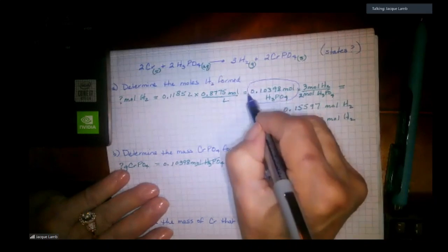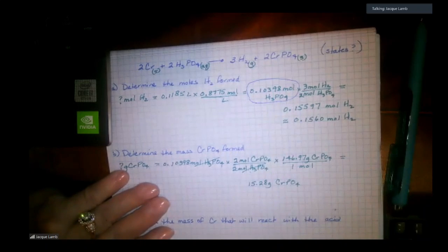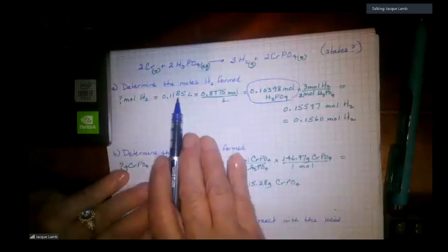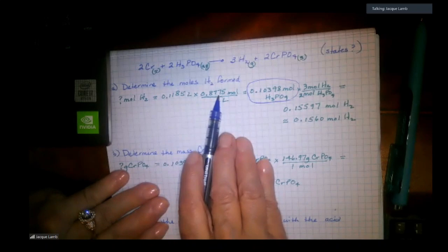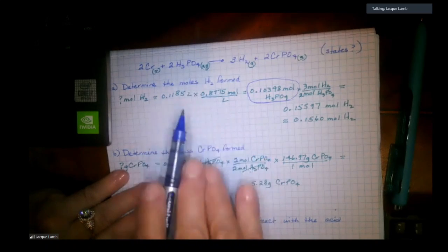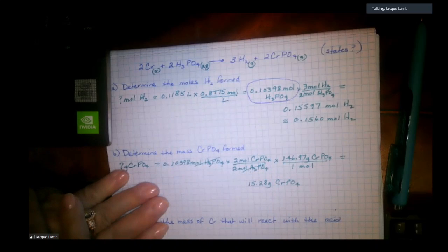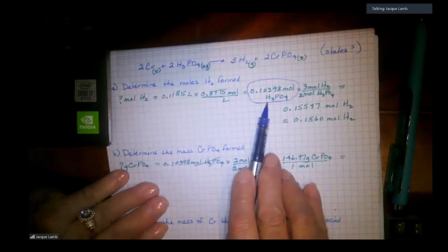This is the only amount that I was given: 118.5 milliliters times 0.8775 moles per liter, or 0.8775 molarity phosphoric acid. So that's the only amount that's given, and I have to base everything off of this. I see it. Thank you.